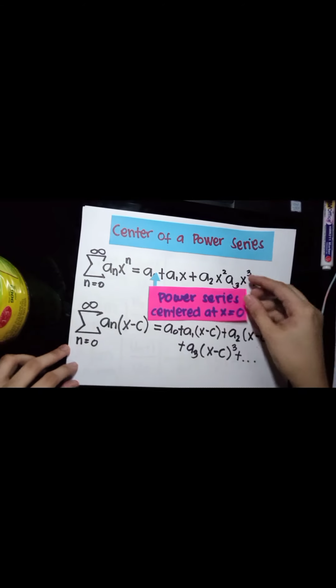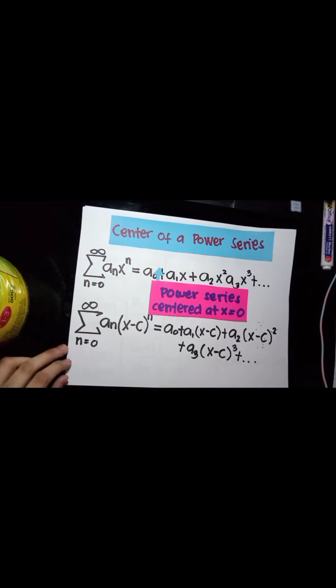Now, the center of a power series. The center is very important because a power series will always converge at its center. This is a power series centered at x equals 0.